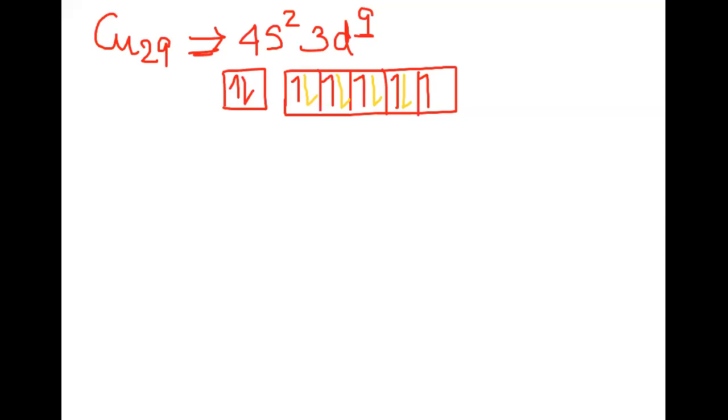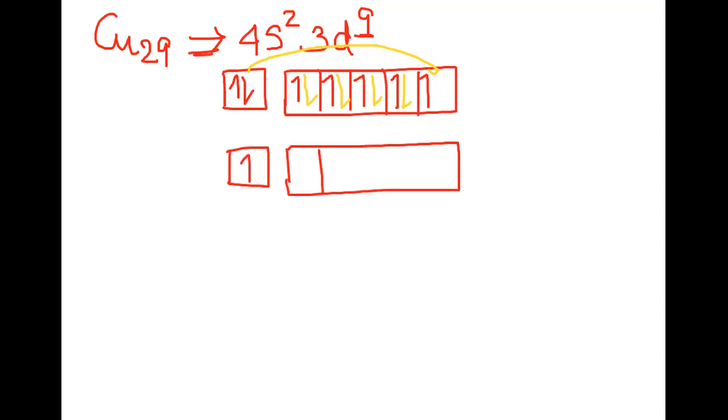So in that case, one electron from here will jump and come here. And in the next box diagram, I can show you that the 4s will be 1, all right? And if I have to show with the color, the same color that I'm using, then out of the 9 electrons, 5 are filling up singly, all right?